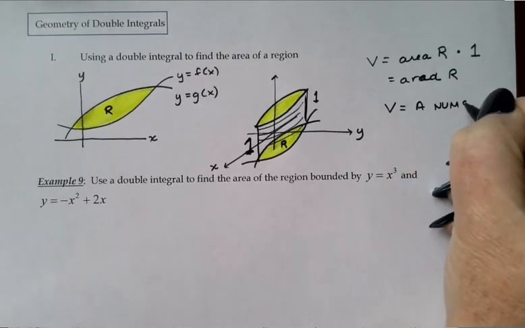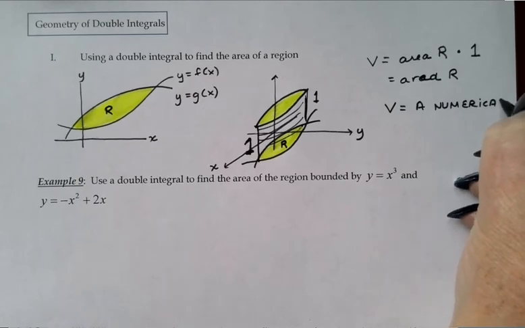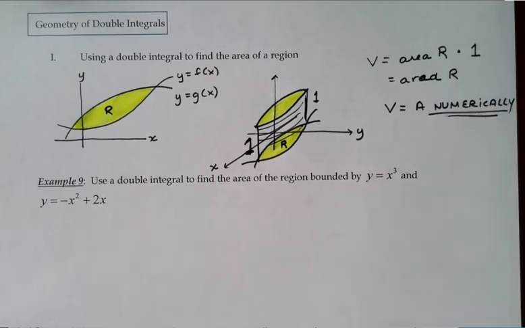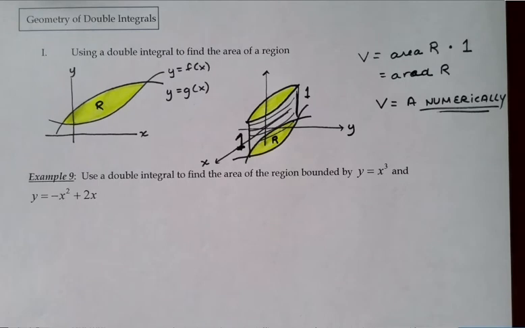I know that sounds kind of funny to say because volume and area are two different things. They have different kinds of units, right? But numerically, because the height was 1, the volume is actually equal to the area, just with different units.